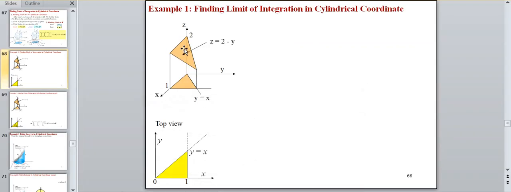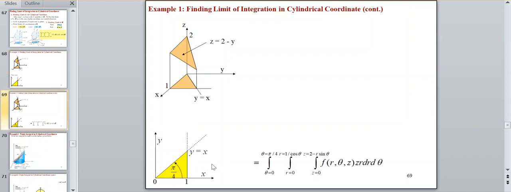And then look at the image of this region D, or solid, onto the xy plane. The image of this solid onto the xy plane will be this right angle triangle. Okay, look at the next page. Now we have to describe this right angle triangle, or simply this bounded triangular region, using r and theta, in polar form.